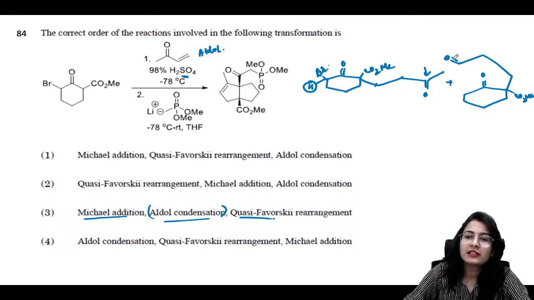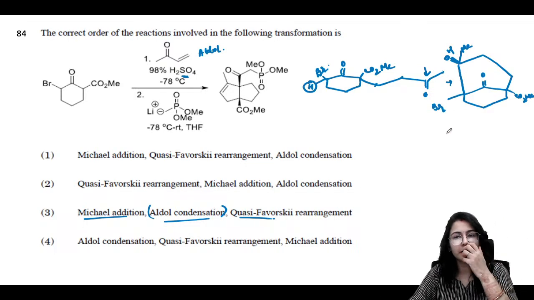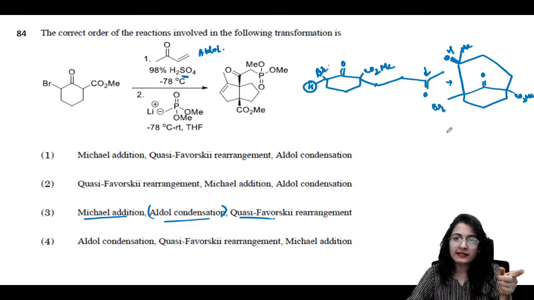But the carbonyl is now going to become OH, so let's write OH over here, and one more methyl, and here you have one more bromine connected. This is how the aldol reaction is going to be, because the proton on the Br side is more acidic.